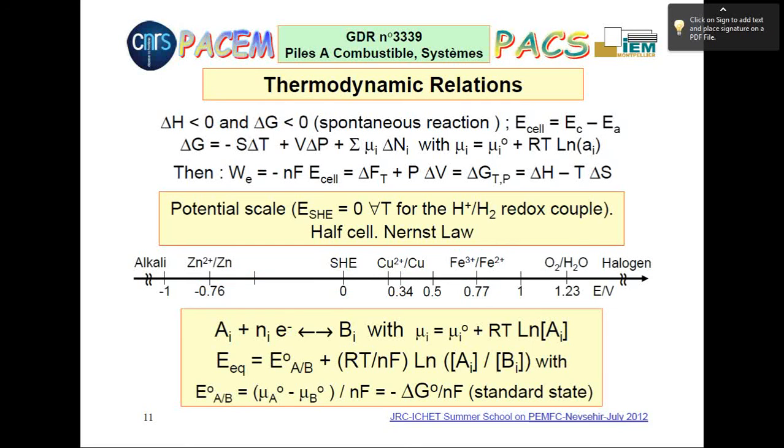So the thermodynamic data: just recall that for the fuel cell reaction, the thermodynamic data, delta H and delta G, must be negative because it is a spontaneous reaction and provides you energy. The cell voltage is the difference between the cathode, the positive electrode, and the anode potential.